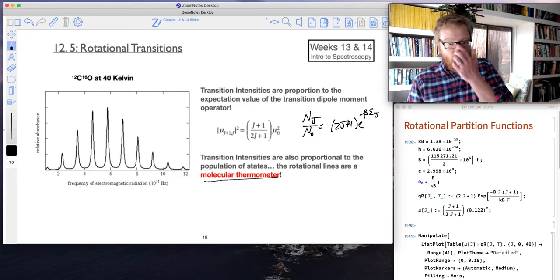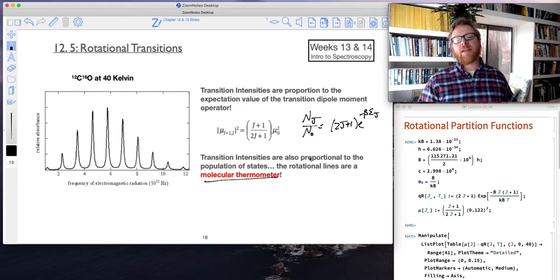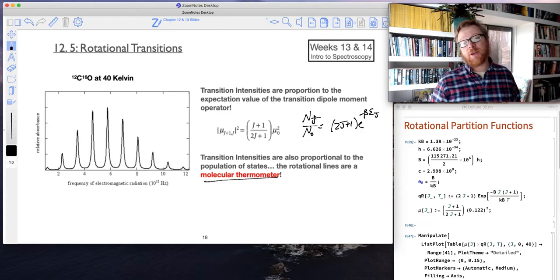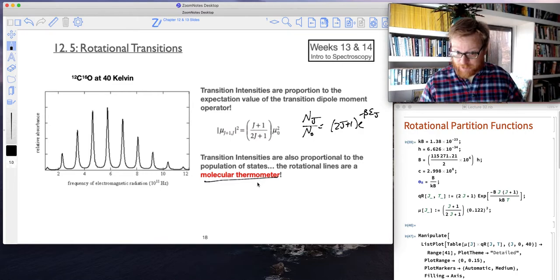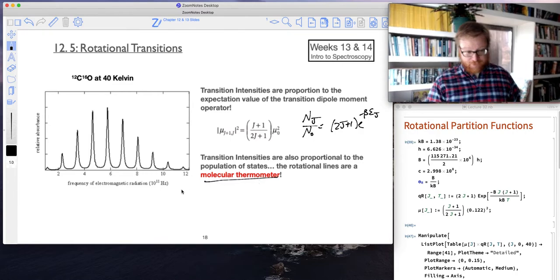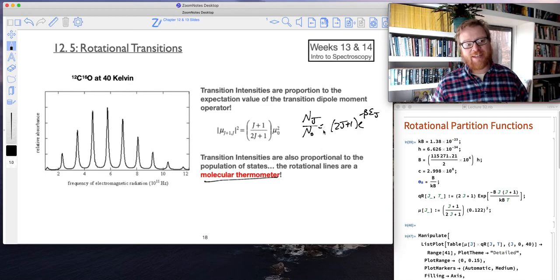And so why this is a molecular thermometer is because the number of molecules in state J will be a function of temperature. And the number of molecules in state J is going to be given by the intensity of that particular peak.